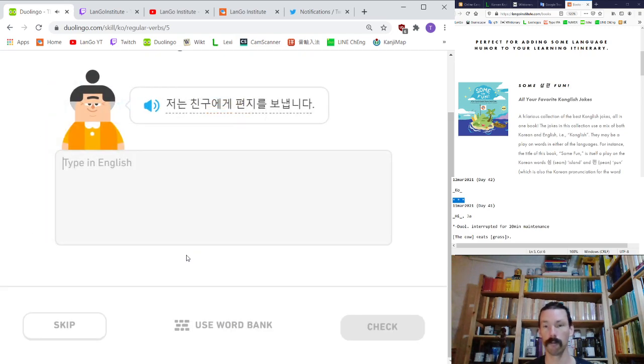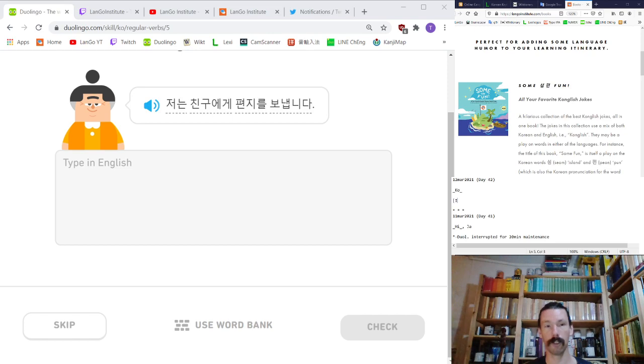저는 친구에게 편지를 보냅니다. Let's transcribe and lightly annotate this. I'm going to use square brackets for noun phrases.